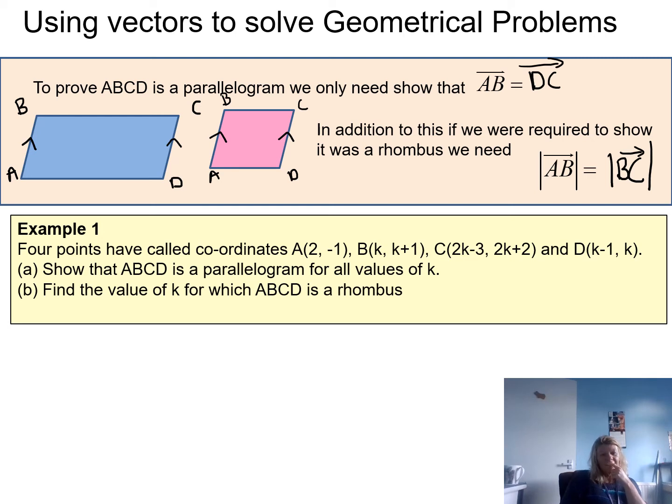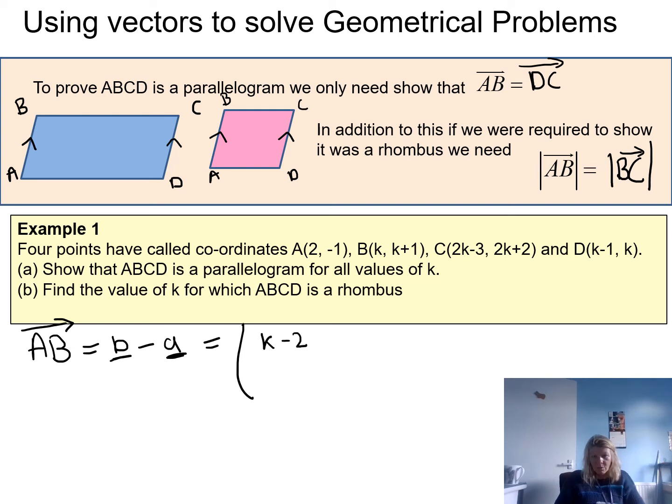Okay, so we've got an example here. 4 points have coordinates. Show that A, B, C, D is a parallelogram for all values of K. So let's find out A to B. Vector A to B, remember from things we did last lesson, is just vector B take away vector A. And that will equal vector K take 2.